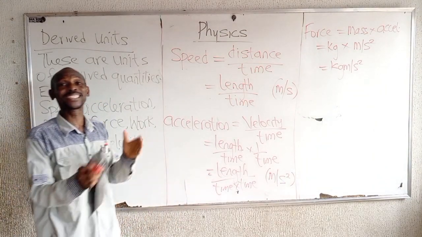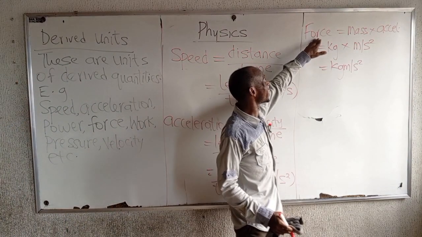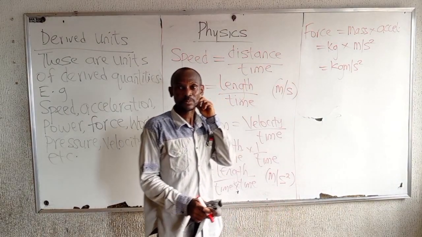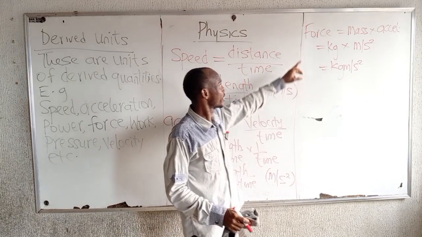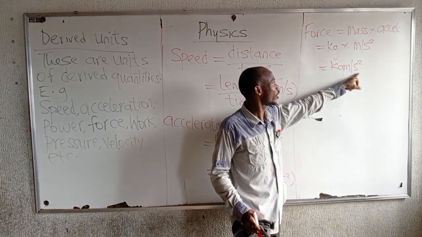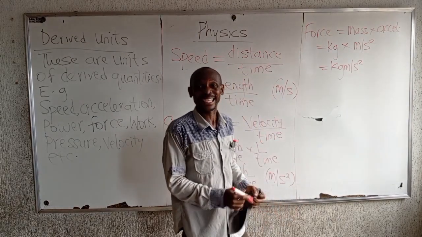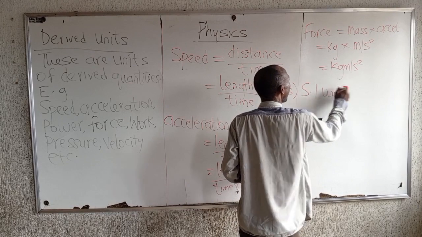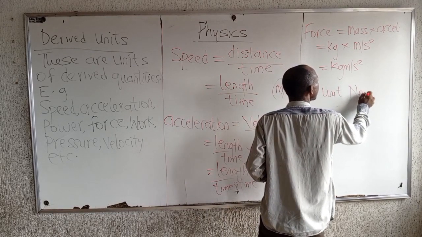But some of our derived quantities still have what we refer to as their own SI unit. The derived unit of force is kilogram meter per second square. But the SI unit of force is called what?